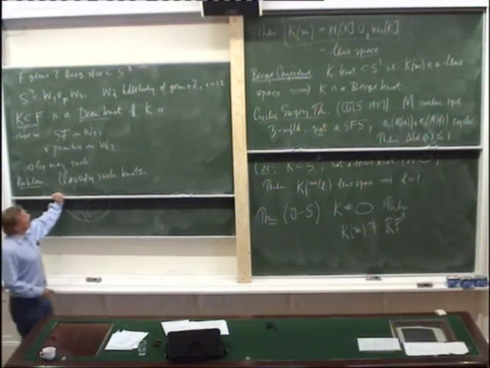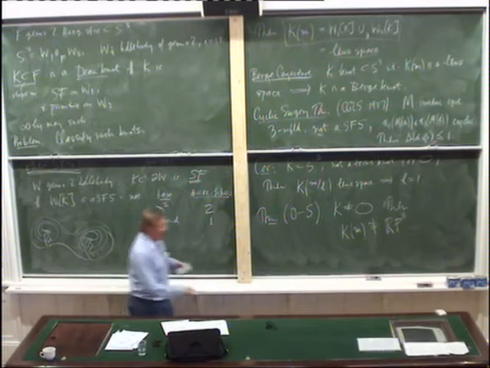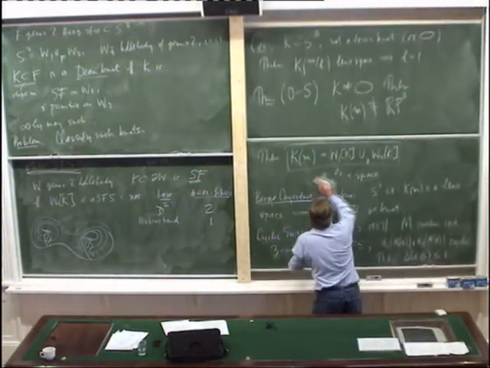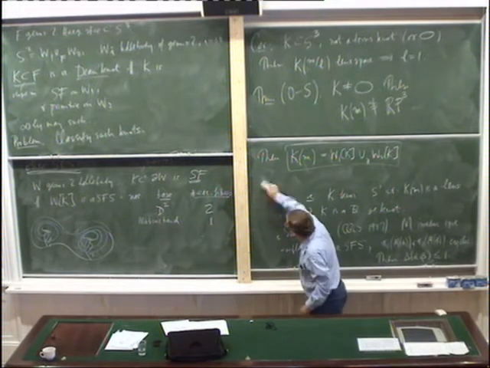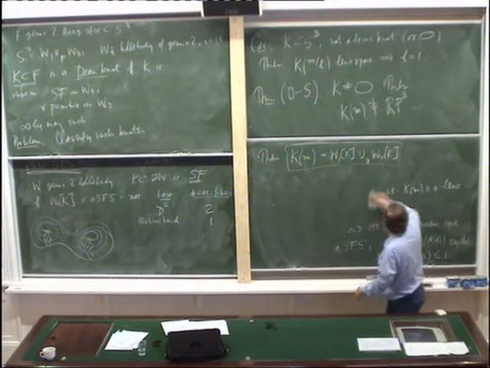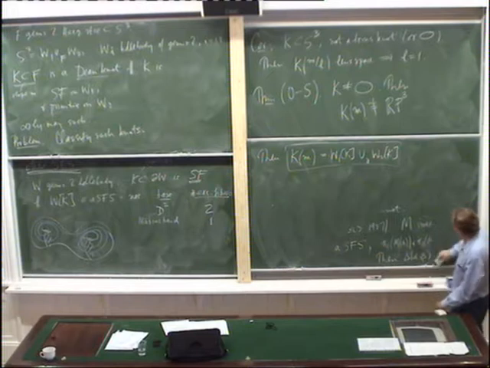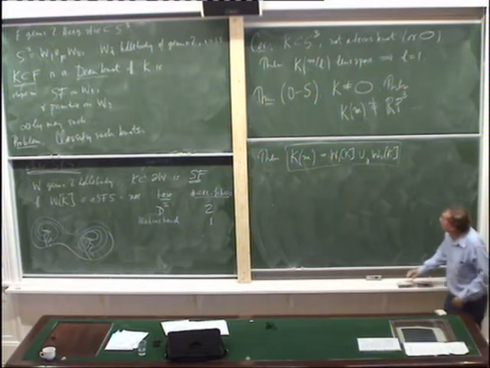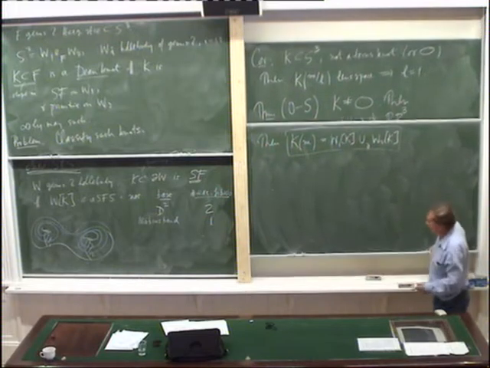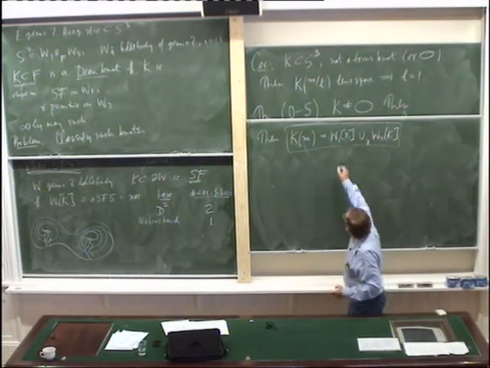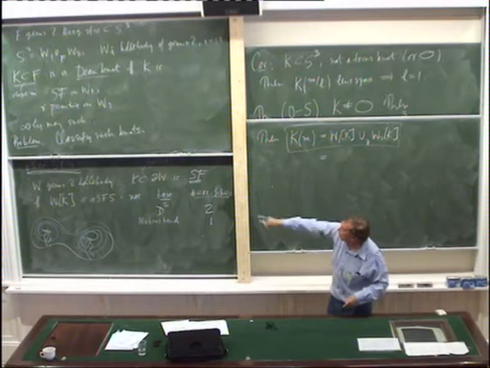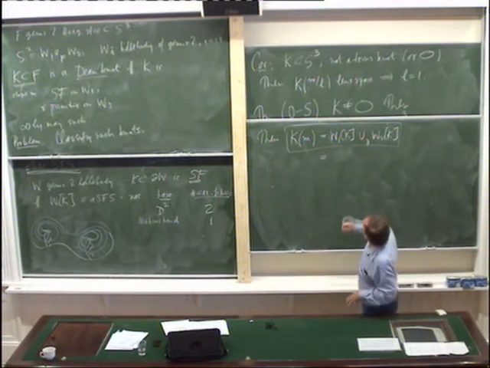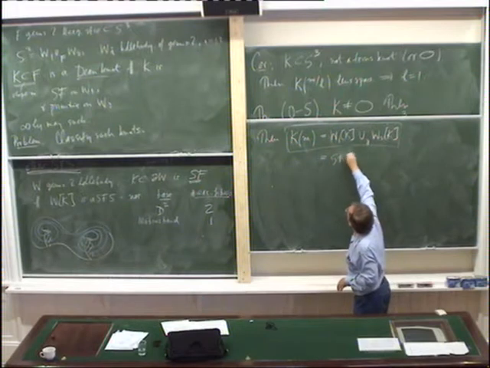Anyway, if you're given such a thing, then we can go over here. If you do M surgery on such a knot, then by the way this was set up, you get this. In this case we chose K to be Seifert fibered in W1, so this is a Seifert fibered space.